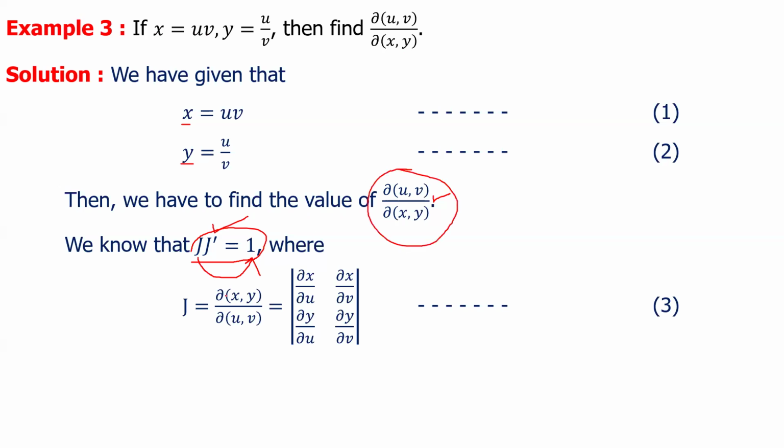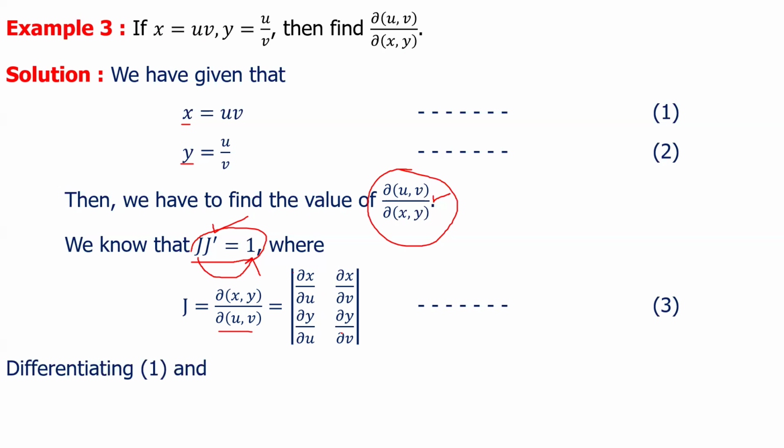So let us find the Jacobian of xy with respect to uv, which can be given as the determinant of the partial derivatives: del x del u, del x del v, del y del u, and del y del v.